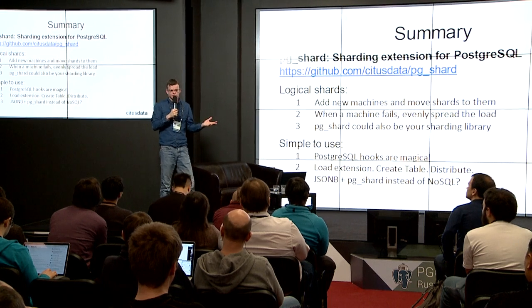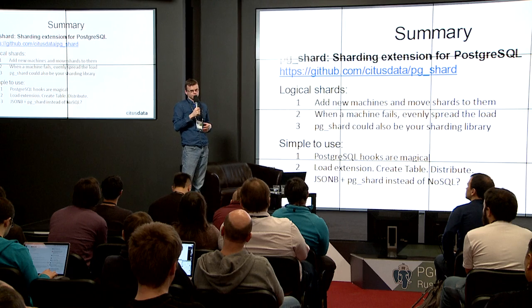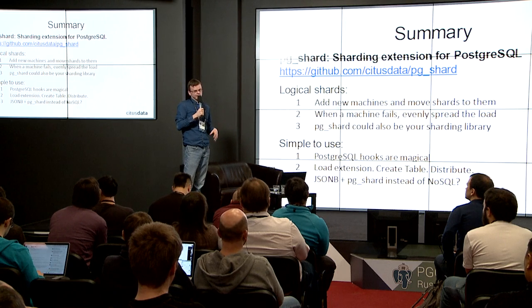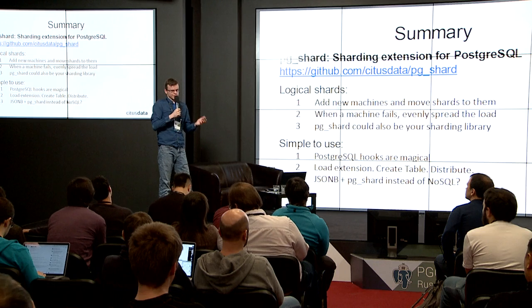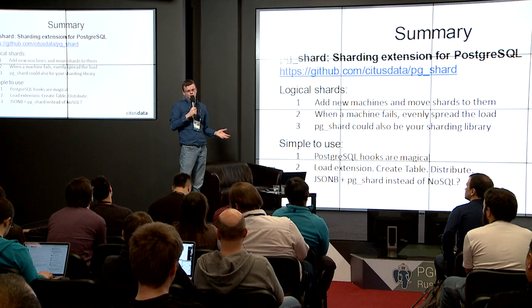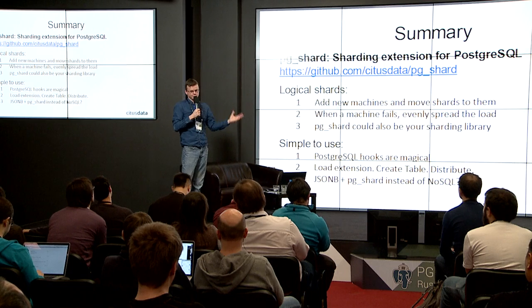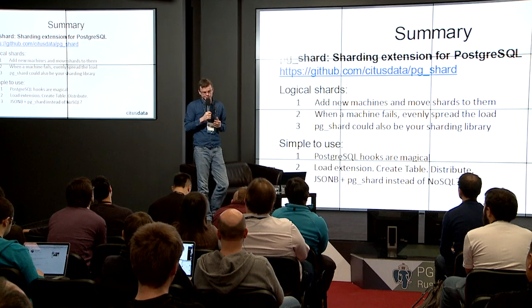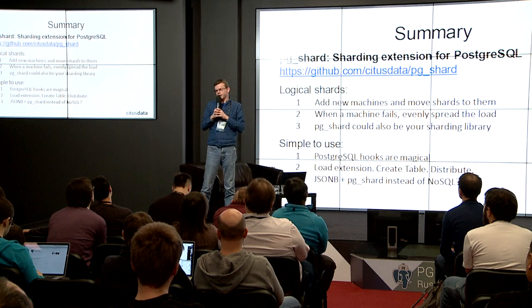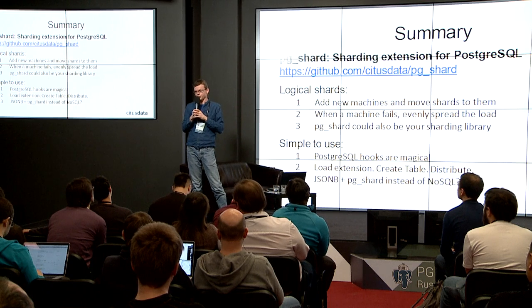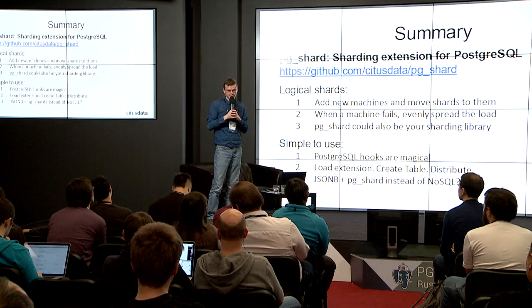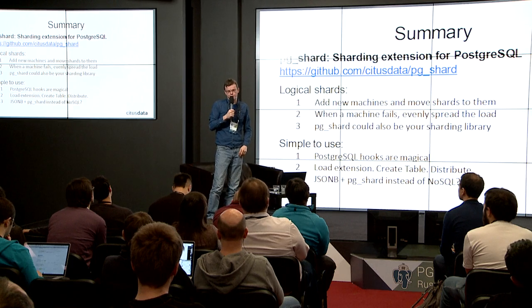Particular types of subqueries, like correlated subqueries, will not be supported. Some types of joins and window functions. We're gradually adding more SQL support, but you'll have to work with what there is. Other things like foreign keys are not easily supported in a distributed table. And there are restrictions like that.